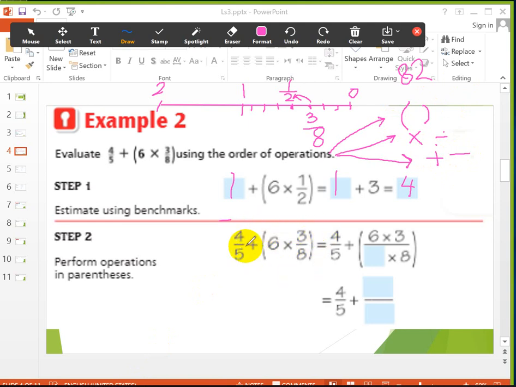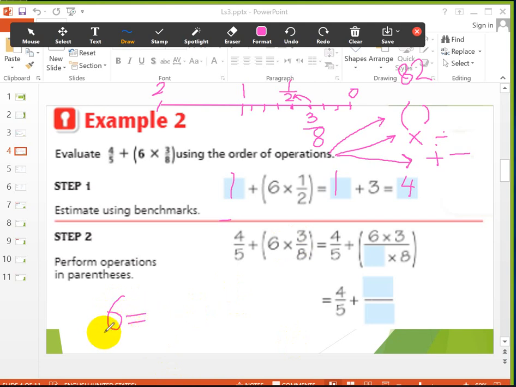Okay? So 6 multiply 3 over 8. I will do this. If I want to multiply a whole number with a fraction, I have to write both numbers as a fraction, right? So if I want to write the whole number 6 as a fraction, it will be what?